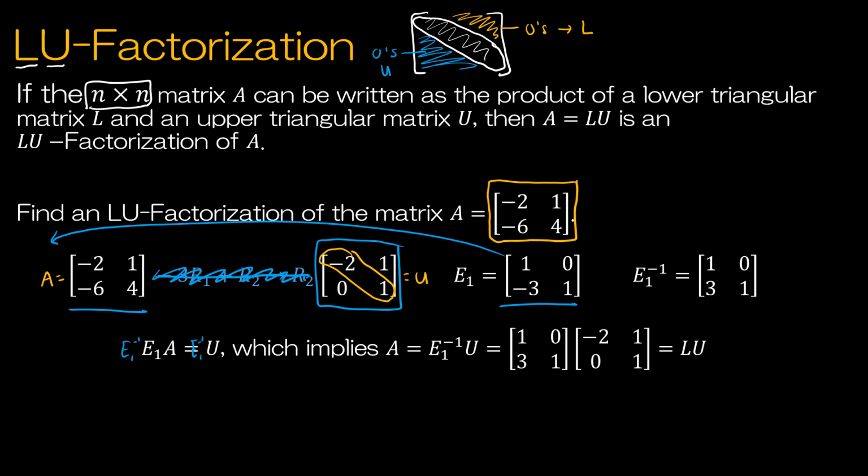So A is equal to the inverse of E1 times U. In this case, it was very easy because I only had one to deal with. But notice this is L, and U was from my reduced matrix.